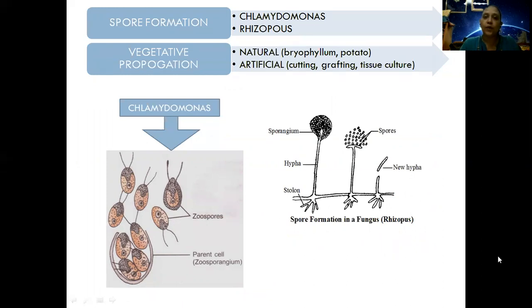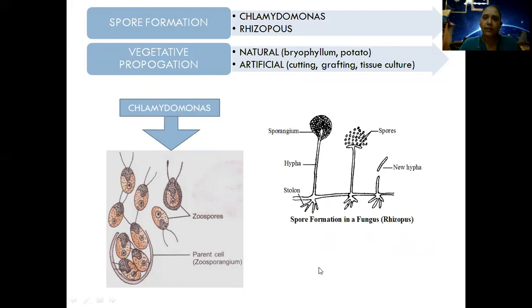What happens in Chlamydomonas? You see the parent cell releases zoospores. Each individual zoospore goes out as an individual, and grows and multiplies again.